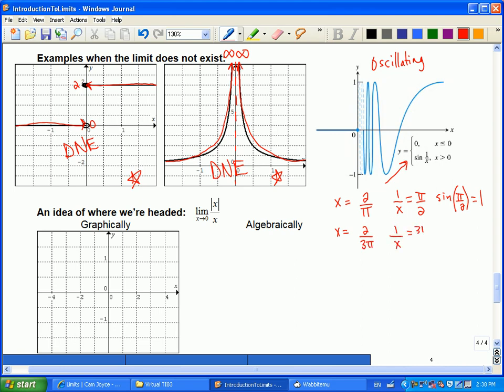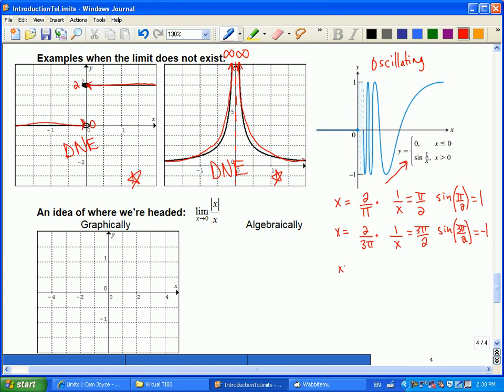So its reciprocal is 3 pi over 2. That means the sine of 3 pi over 2 is negative 1. Which one's bigger, 2 over pi or 2 over 3 pi? Yeah, this one's bigger right here. So this is a smaller value.